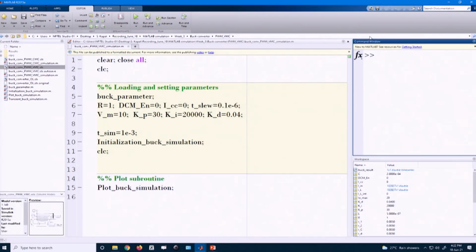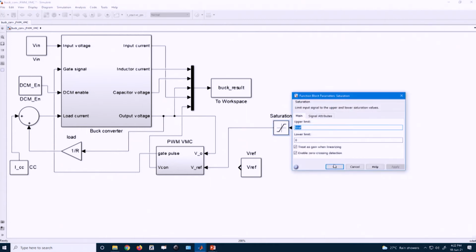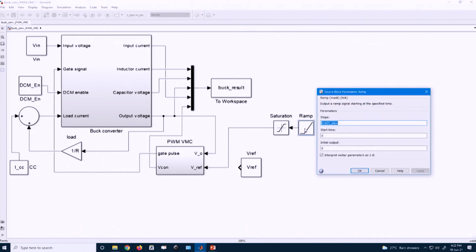If we go to MATLAB, this is where I wanted to show. In MATLAB, now instead of connecting this, I want to connect this. What I did is add a saturation block, because it is a ramp signal, and the ramp is Vref by T slew. I am defining my Vref, and T slew is the duration.